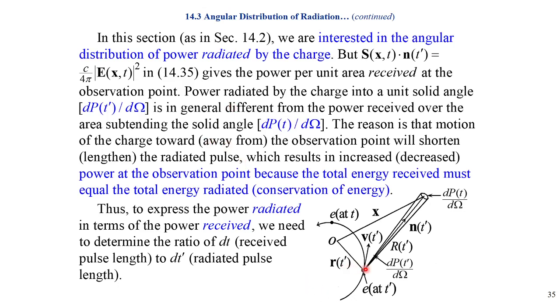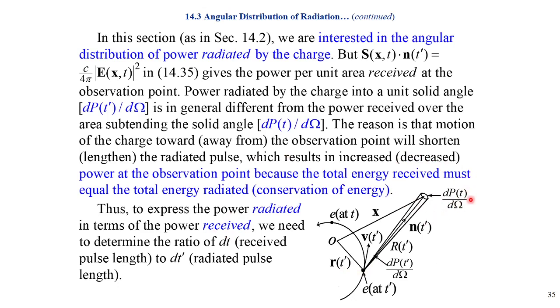If we emit in the same direction as n, energy will be increased. However, if the particle moves away from the observation point, then the energy will be decreased. These are the two extremes.